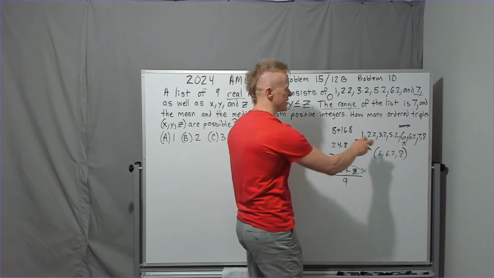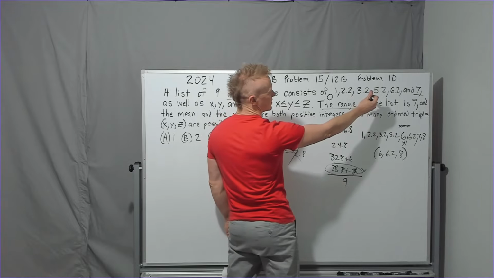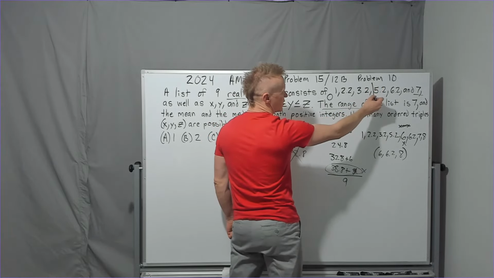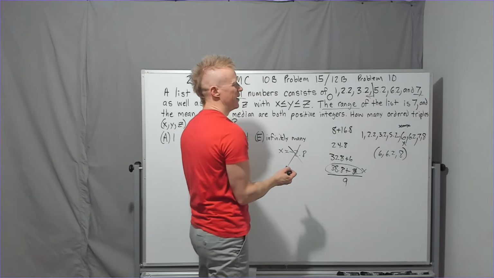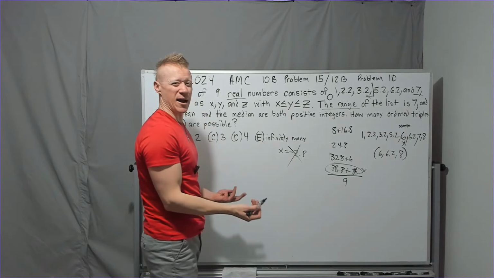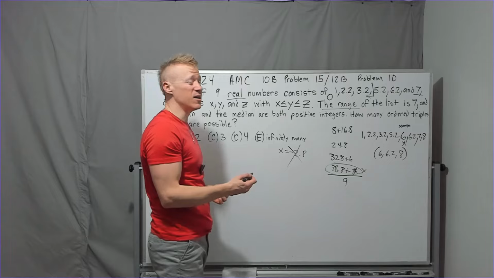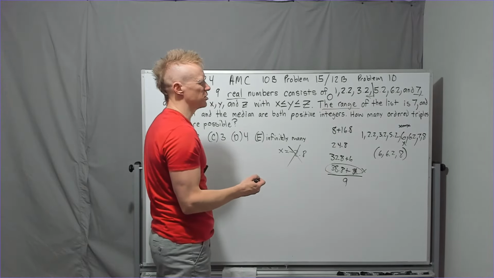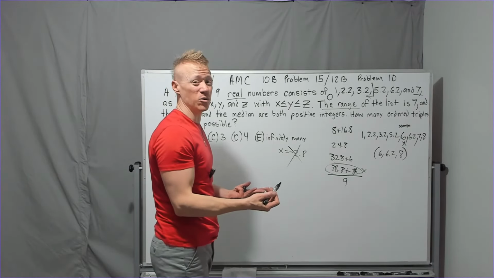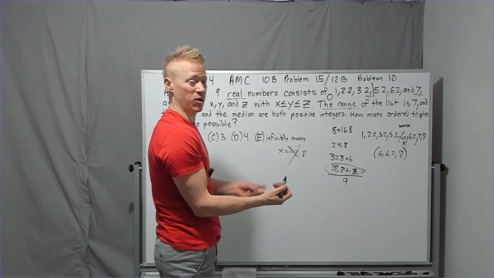So what if instead we moved x and y over to this side of that line? Then y would become the median, and x would be something less than or equal to y. So could we make y equal to 5? That's the next question we're going to ask.